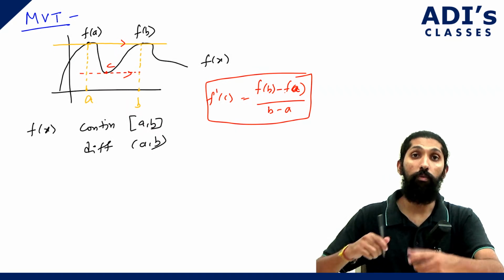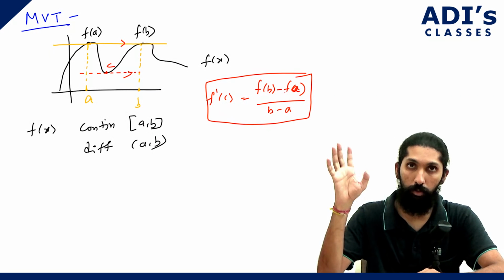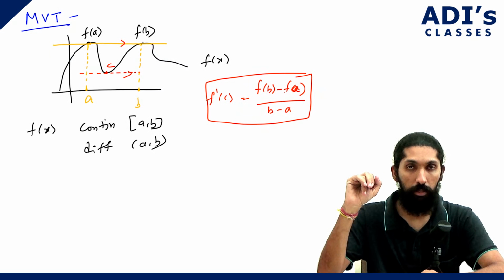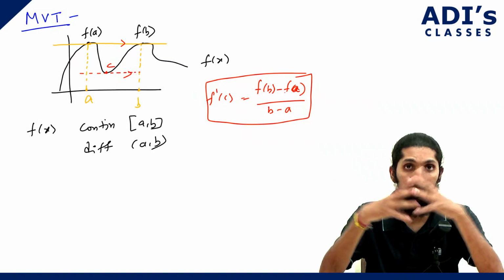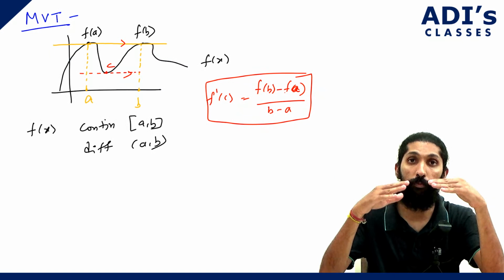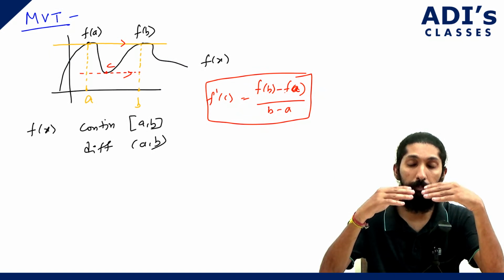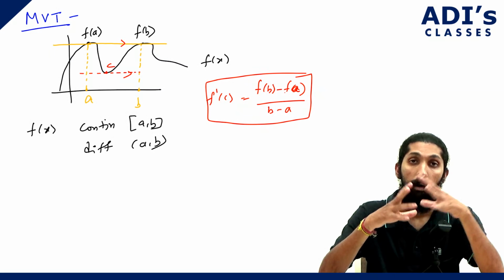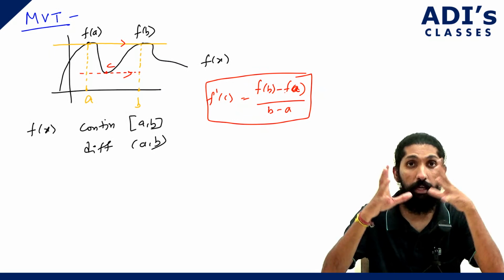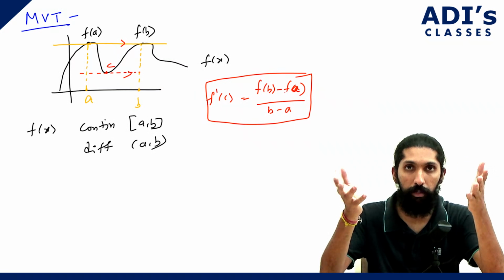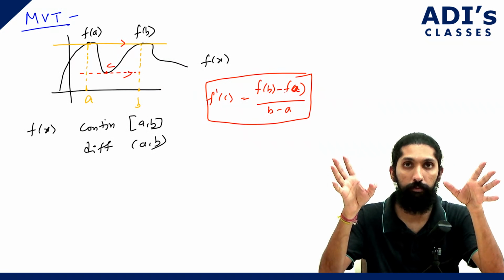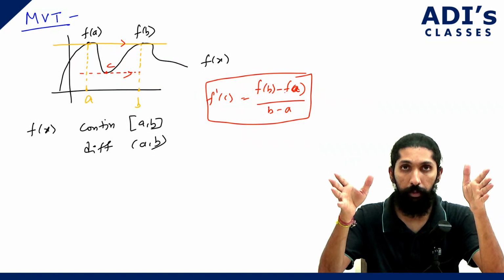Clear? So, what did we discuss in this? We did Rolle's theorem and the mean value theorem, correct? In Rolle's theorem, you have a graph where the slope of the tangent will be parallel to the x-axis, and that point C is in the middle of the interval, the in-between value of a and b.